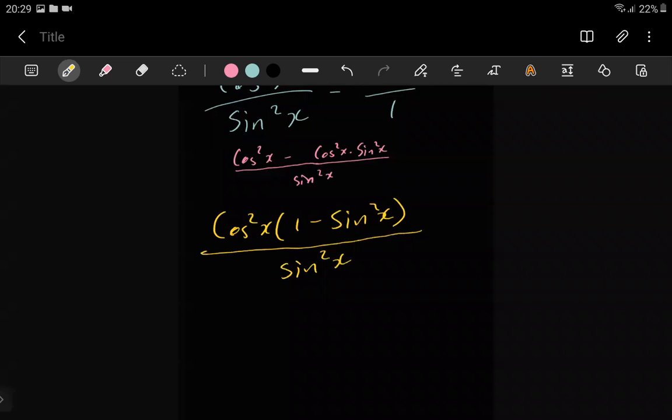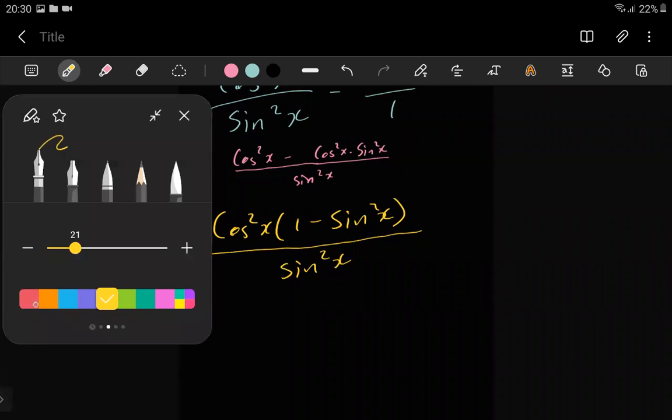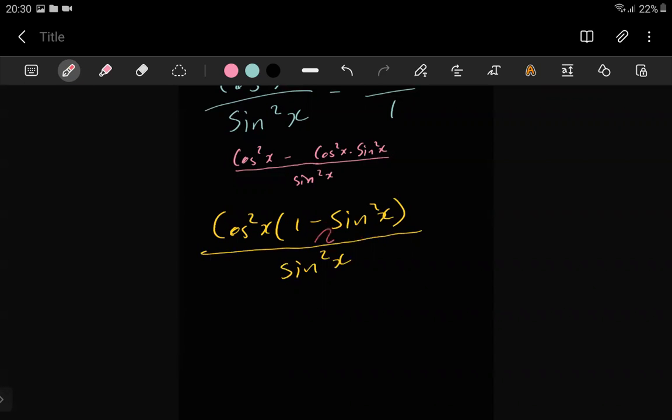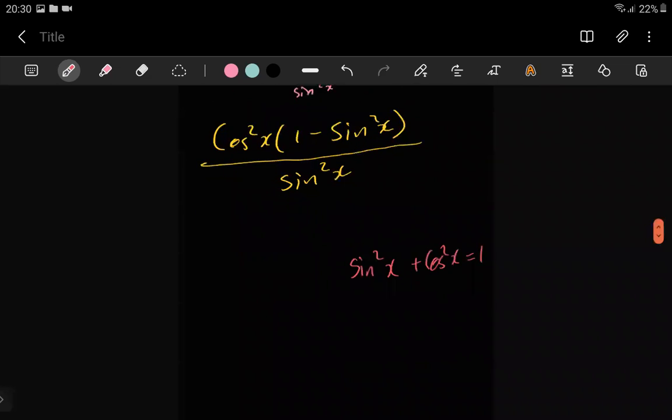Now this is where something to do with trigonometry comes into play, the square identity. This here you can change to cos squared x, because remember we stated that sine squared x plus cos squared x is always equal to 1. You're always able to rearrange this depending on what works for you. If you want sine squared on its own, it's equal to 1 minus cos squared x.